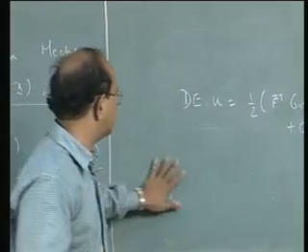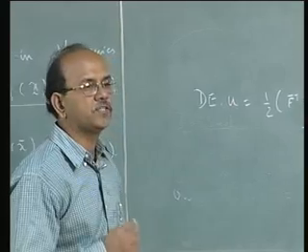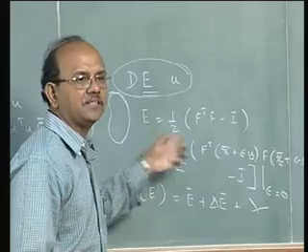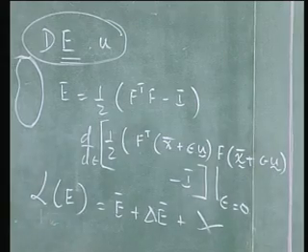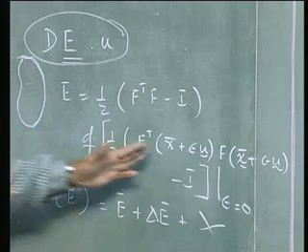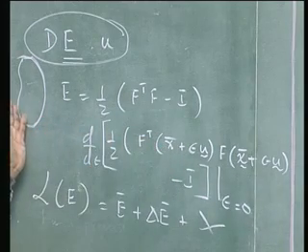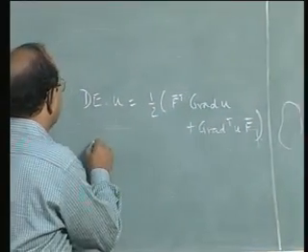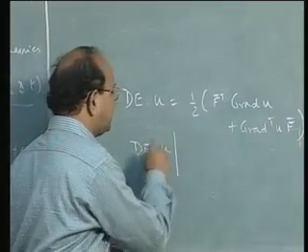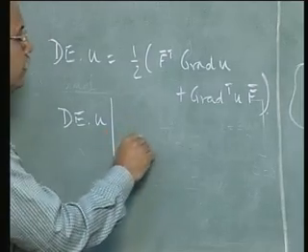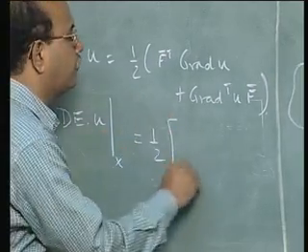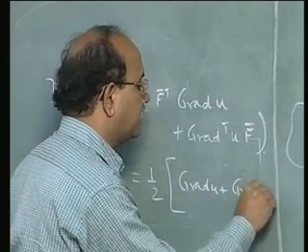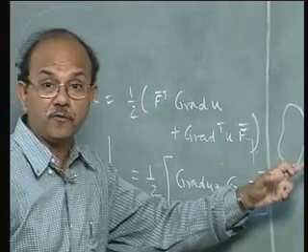To understand that, that's why I said just wait for a minute. Suppose I take the reference configuration and do a linearization of E, let us see what you get. At the reference configuration, chi bar is equal to, or small x is equal to capital X, which means that F is equal to I, which means that the linearized part of E at the reference configuration will give me half of grad u plus grad transpose u, because it's at the reference configuration.